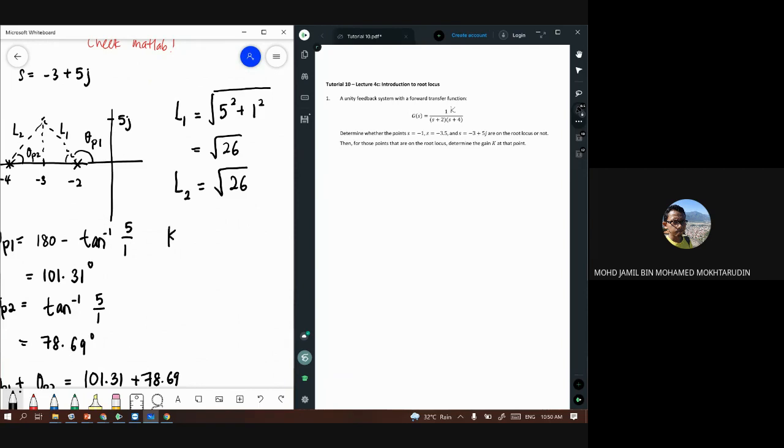And then K equals 1 over M. So M, again, I'm not sure what the top one is here because we don't have the zero. So if you are diligent, you check online. L1, LP1, LP2.